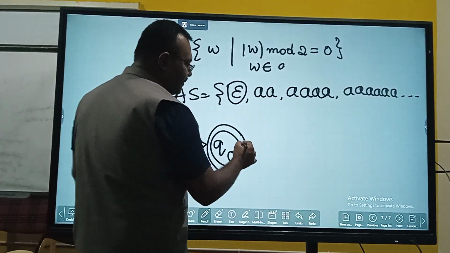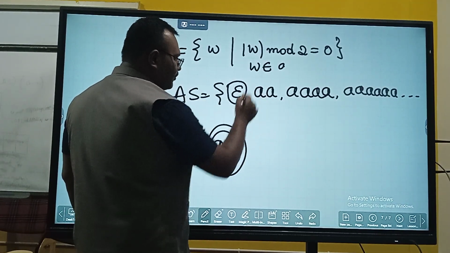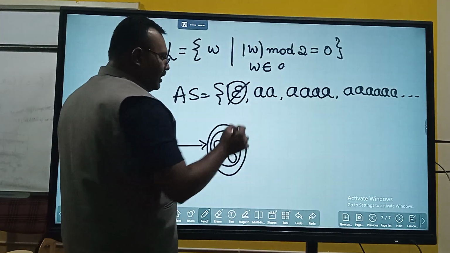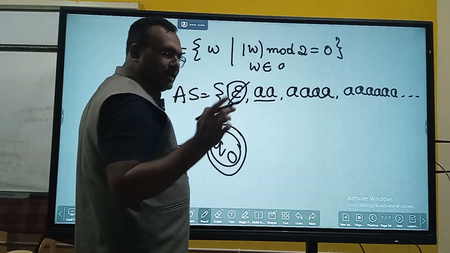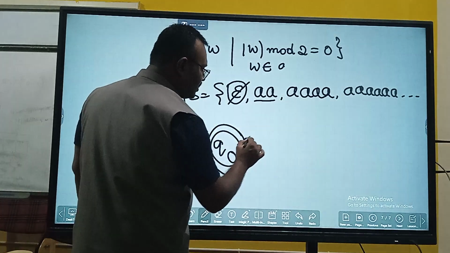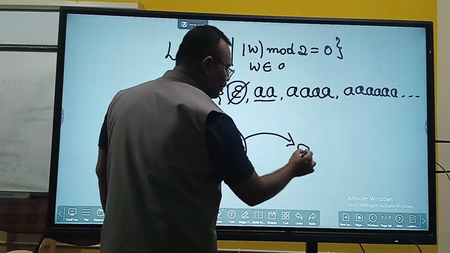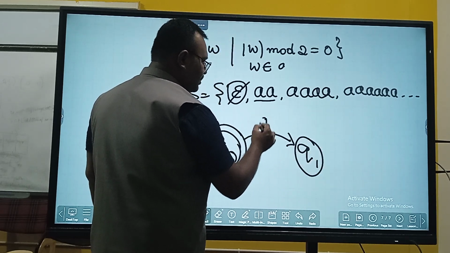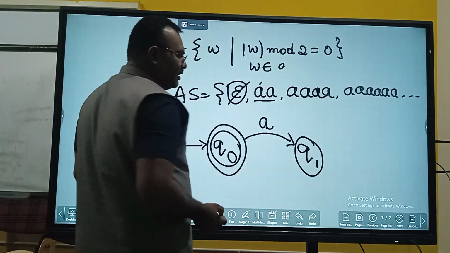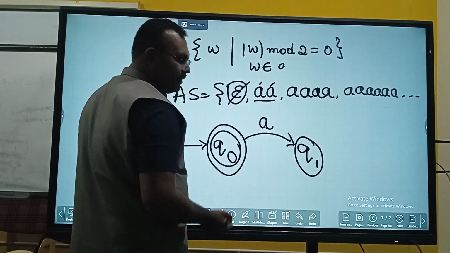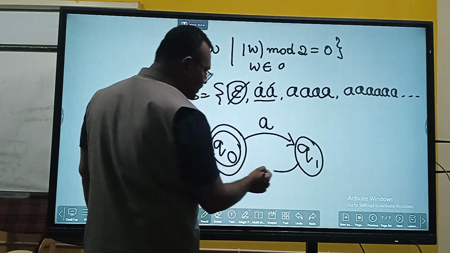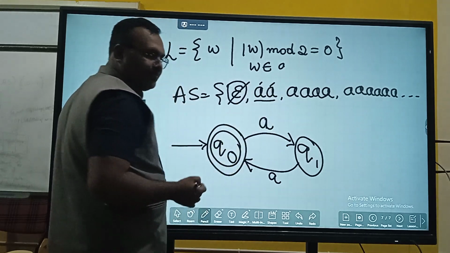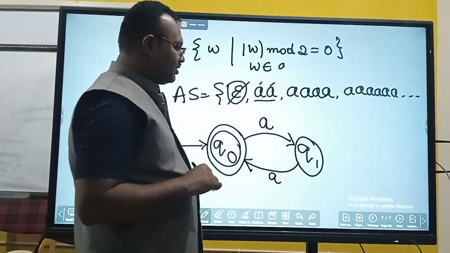So the first string got accepted without reading any input. Now let us go to the second string, A. Now what happens? Q naught goes to Q1 with the first A. Now to read the second alphabet, I'll put a reverse transition which can take the second A. So it is going back to Q naught.